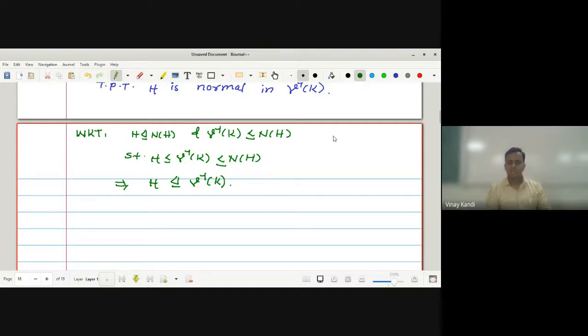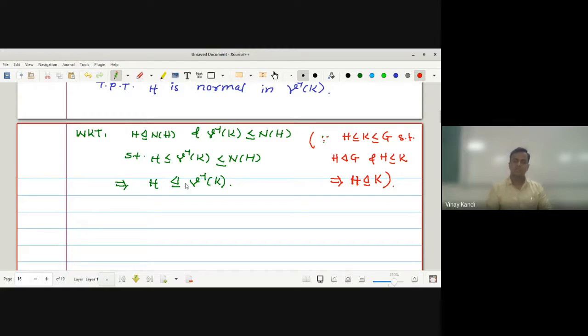Okay, why? Since we are using this result: if H is contained in K, which is contained in G, such that H is normal in G and H is a subgroup of K, this implies that H must be normal in K. So this is the result we used.